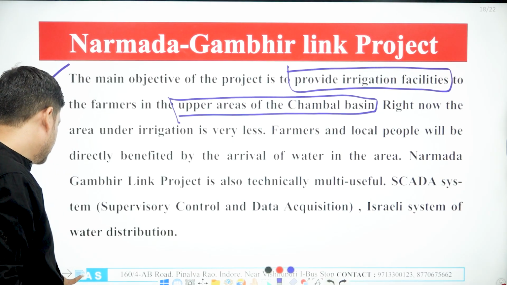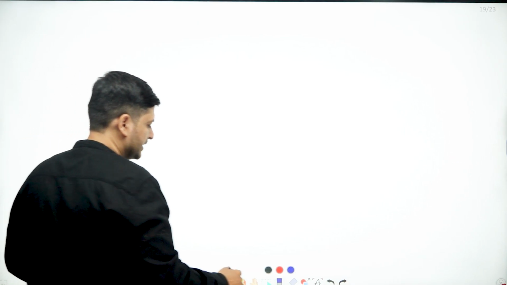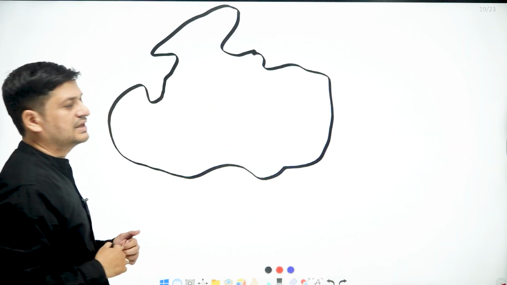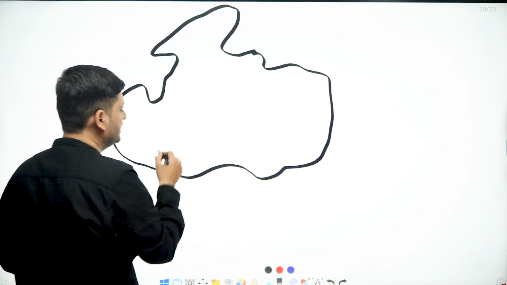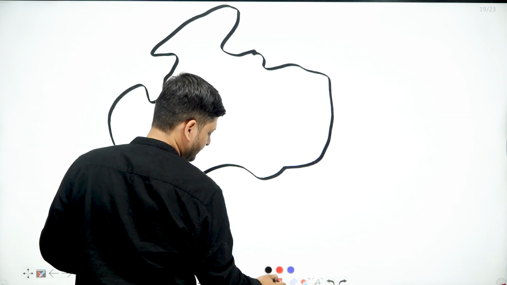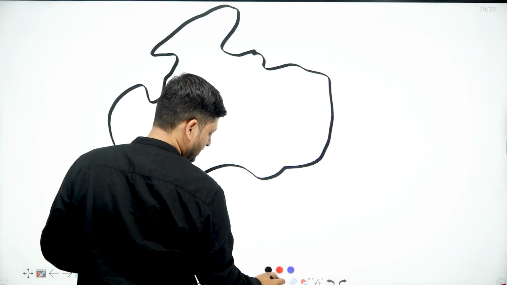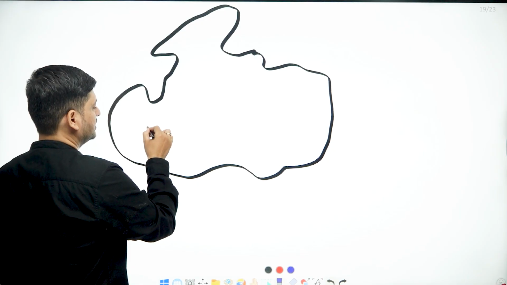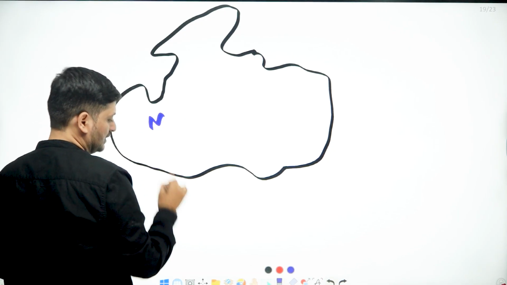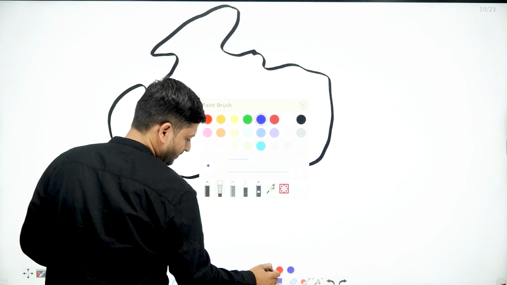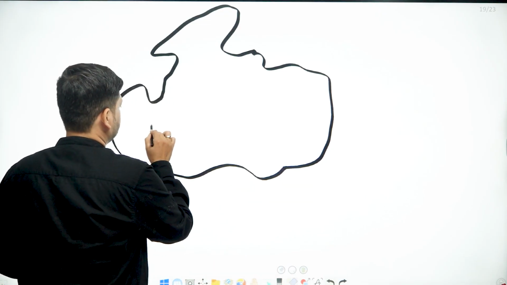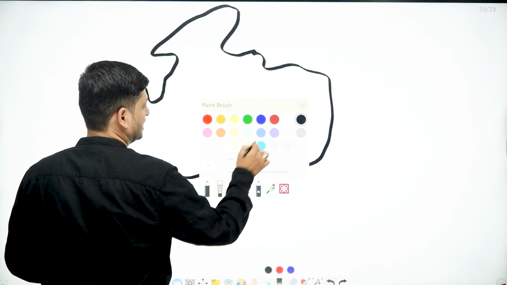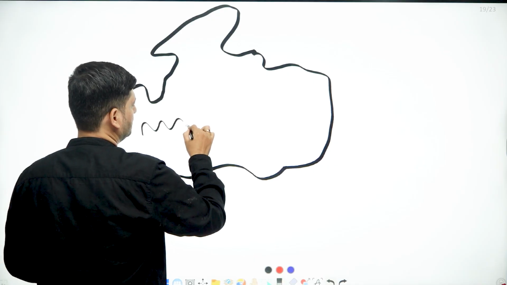Let me tell you what it means. If we see, this is our MP, and in the parts of MP we can identify the flowing path of the Chambal River, as it emerges from the Janapava Hills, from the Vindhyachal range.